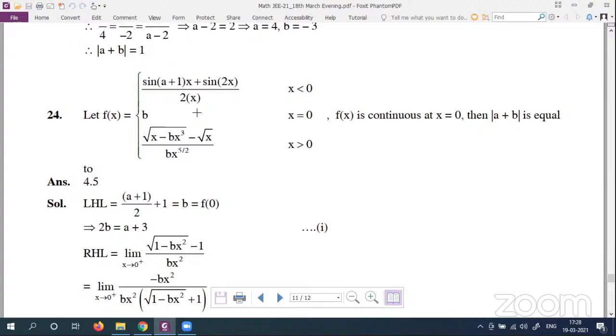Next, a function is given. It is given that it is continuous at x equal to 0. So applying the condition for continuity, the value of the left hand limit should be equal to the value of the right hand limit, which should be equal to the value of the function at that point.